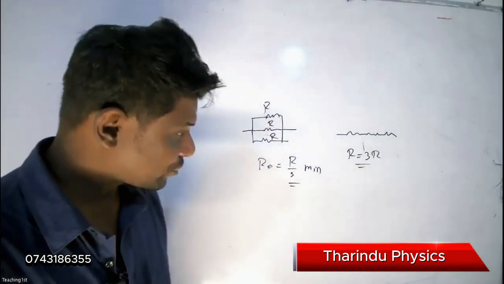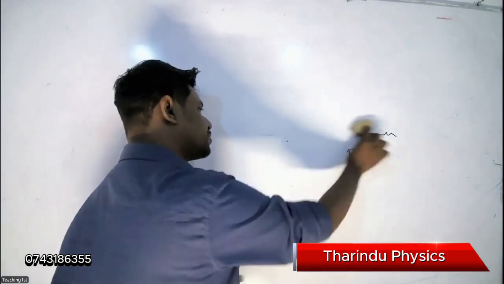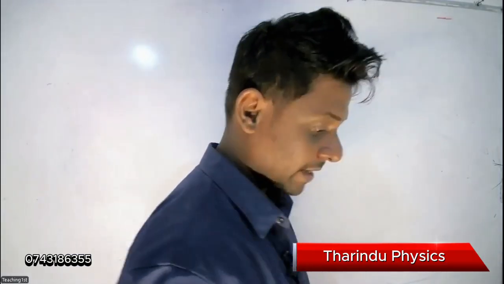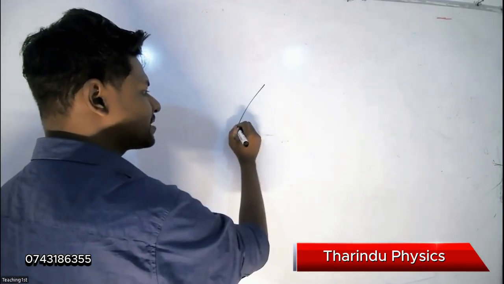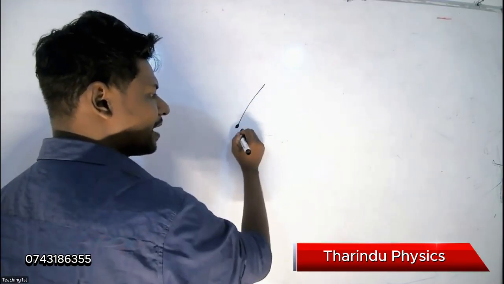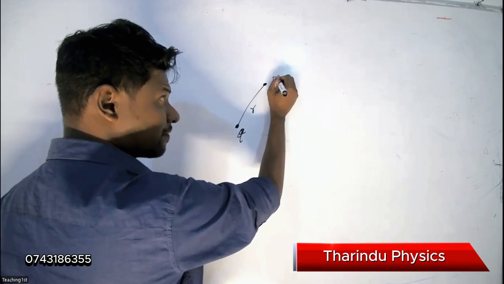Okay, an isolated point charge Q. Firstly, let me show you how it works in free space. Having a charge of Q and radius r, there is a certain electric field intensity.